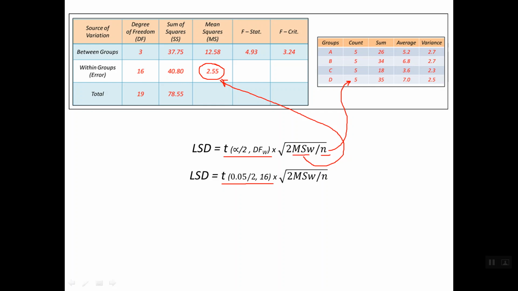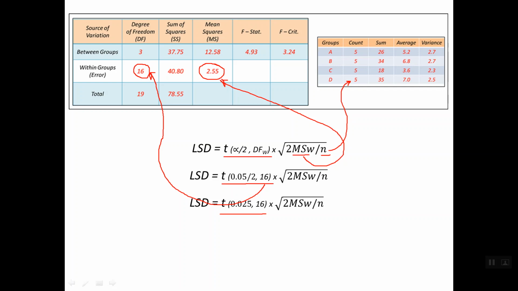The value 16 is the degrees of freedom for the error, or sometimes called within groups. So first we need to find the value of t at 0.025 significance level and degrees of freedom equal to 16.